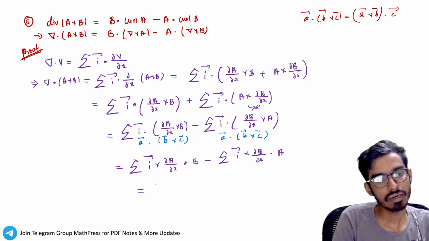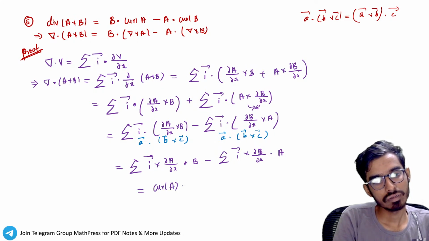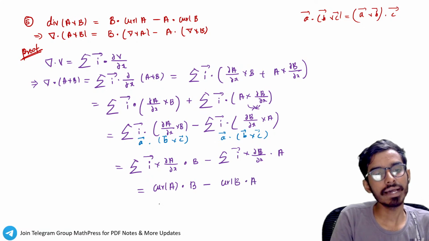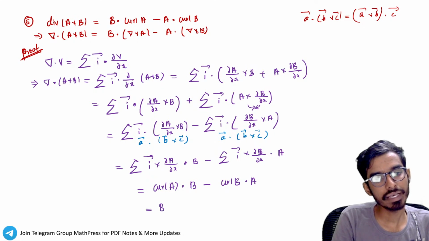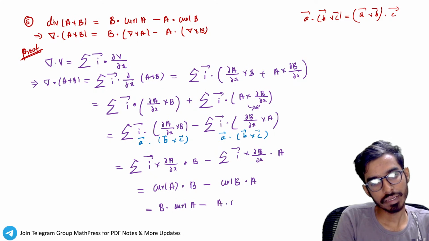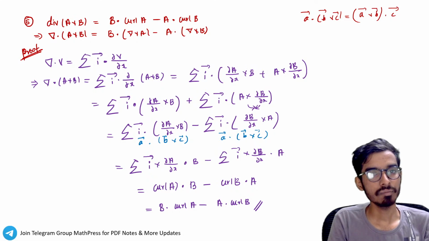This is curl of A, right? Curl A dot B, and what is this? This is curl B dot A, and A dot B is the same as B dot A. So this is the same as B dot curl A minus A dot curl B, right?